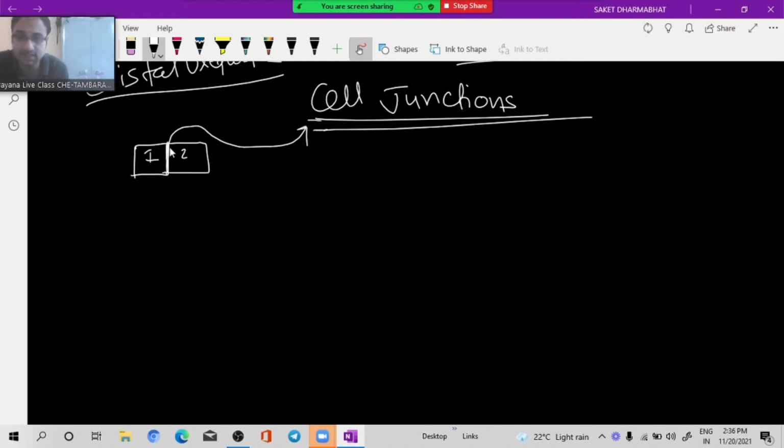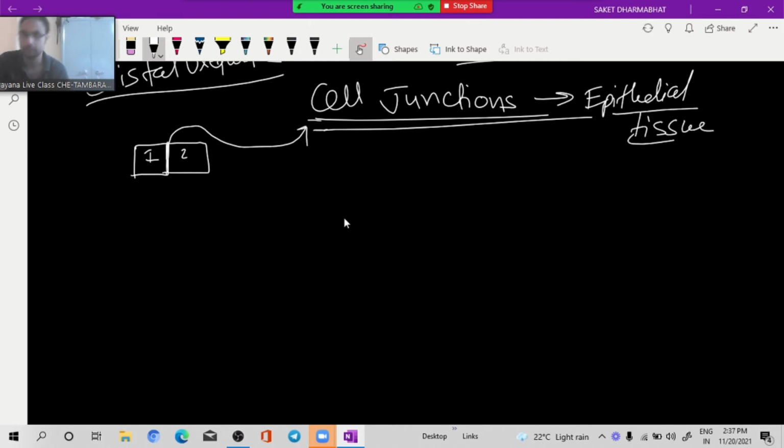Now, how is this cell junction made? Because there is no space between the two cells; both are compactly packed. So, cell junctions are found in which tissue? If they ask you connective tissue, muscular tissue, nervous tissue, epithelial tissue, where is this cell junction found? Epithelial tissue. Very good.